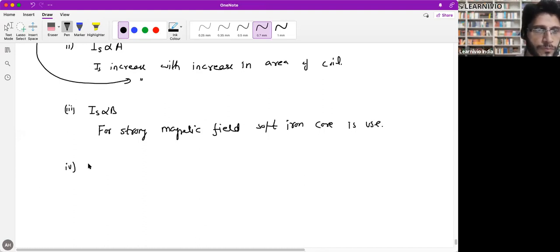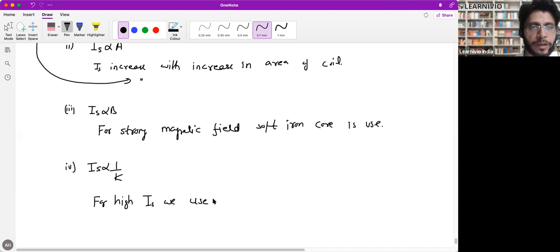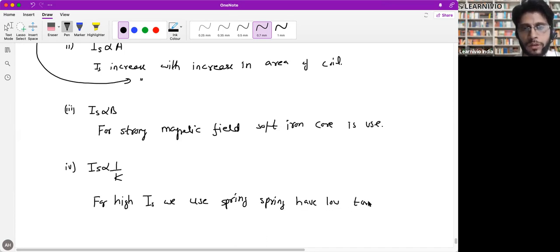Fourth, IS is inversely proportional to K. K is torsional constant. So for high current sensitivity, we use a spring having low torsional constant.